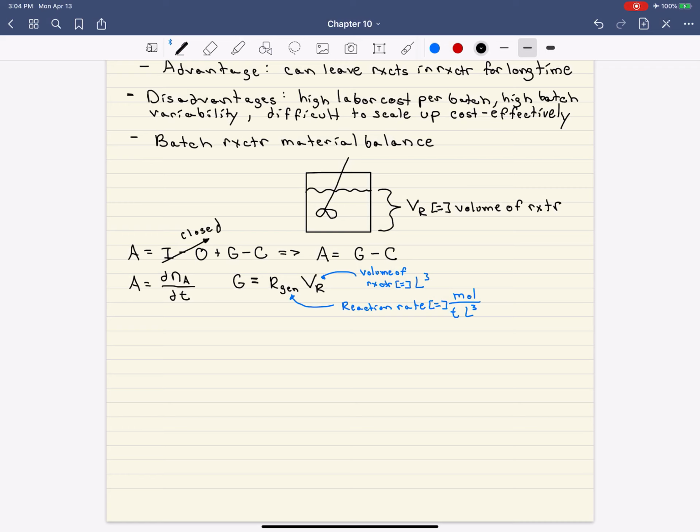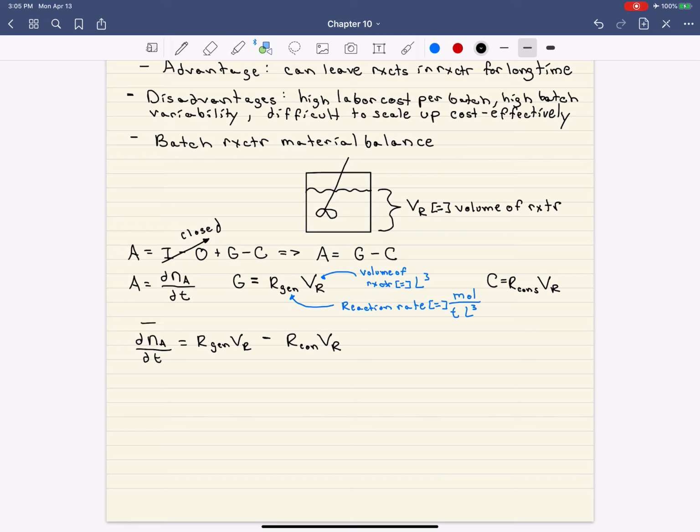For the consumption term, we're going to write something similar, where we have an R consumption times the volume of the reactor. And so if we plug in these terms back into our material balance relationship, what we get is dN_A/dt is equal to the reaction rate of generation times the volume of the reactor minus the reaction rate of consumption of A times the volume of the reactor.